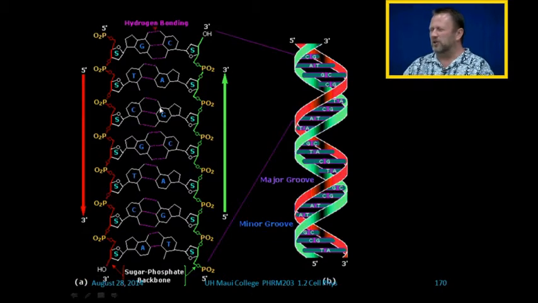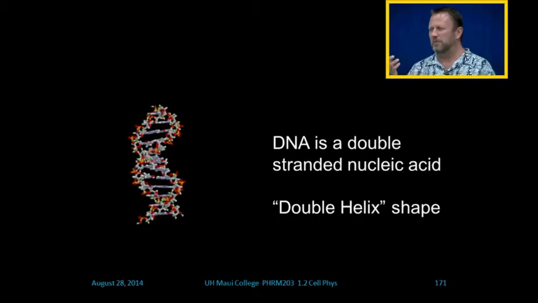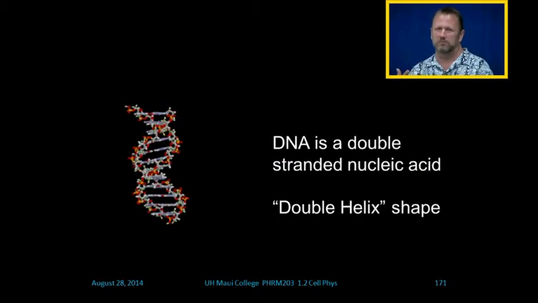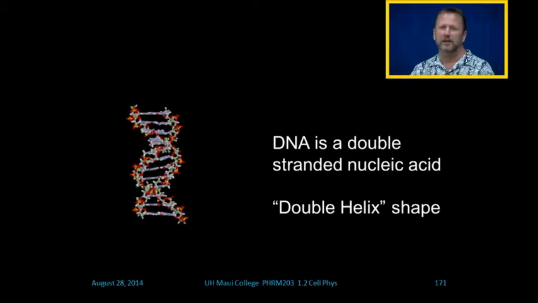But actually, when this occurs, it forms this helix shape with a major groove. The big groove is the major groove, the little groove is the minor groove. That's not important. What I want you to know is that DNA is made of a double strand of nucleic acid, and maybe you've seen this before. It's a double helix.